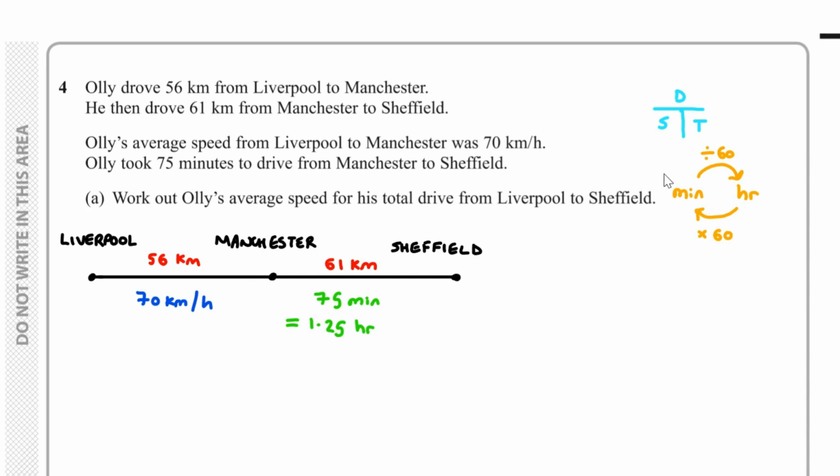Now, we can use this formula over here to work out the time it takes to travel from Liverpool to Manchester. So, we know that time is equal to distance divided by speed.